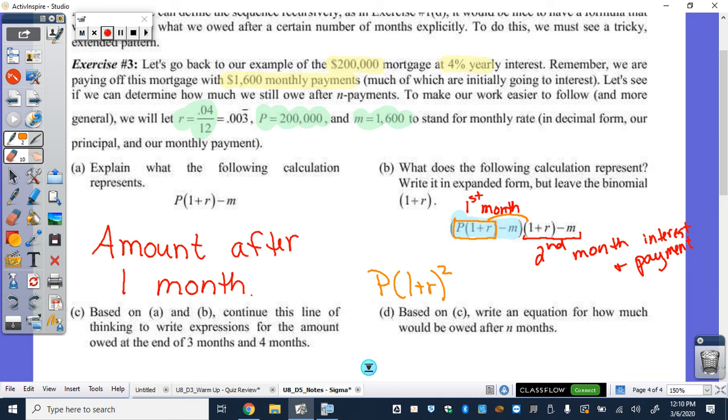So then, because I'm just doing my distributive property here, I'd have to do this 1 plus R also times that minus M from the first month. And then we would be left with that minus M. So this minus M times 1 plus R, that's representing the payment from the first month. This M here is representing the payment from the second month. So that's how those are being deferred there.